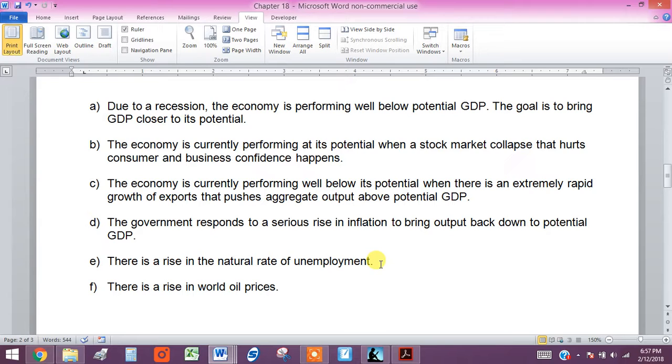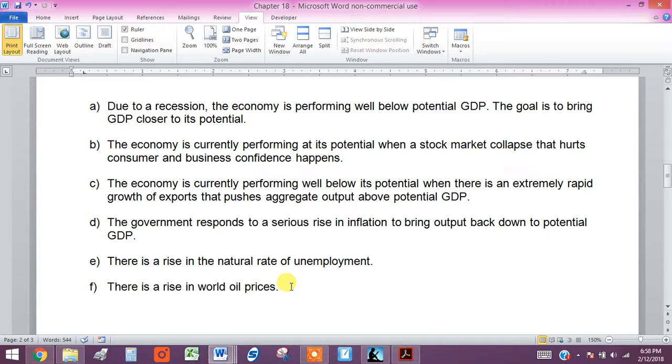Okay. Now, the other thing I want to point out is when you have a rise in world oil prices, that's going to affect aggregate supply. It's going to cause supply in the aggregate to cost more, because oil prices affect so much of what is supplied in the economy.